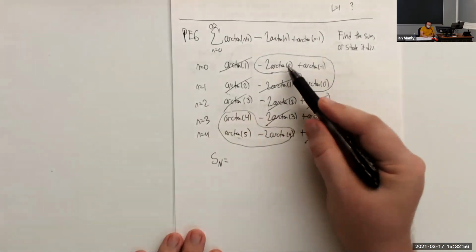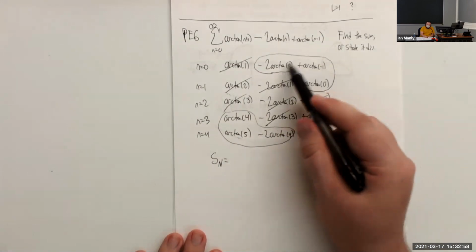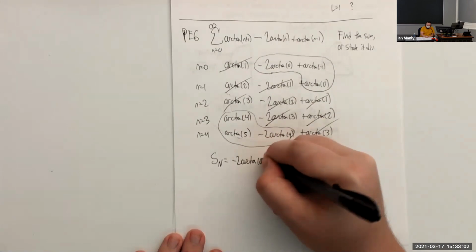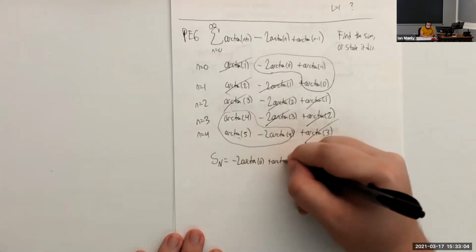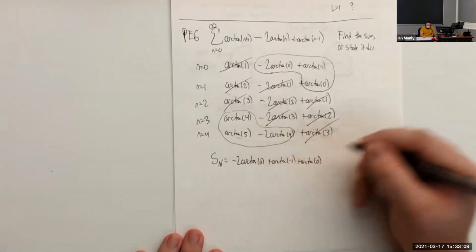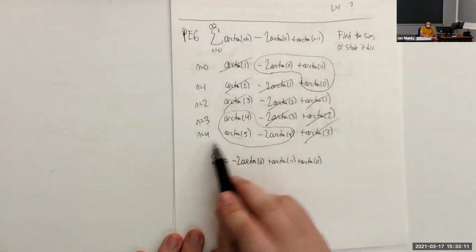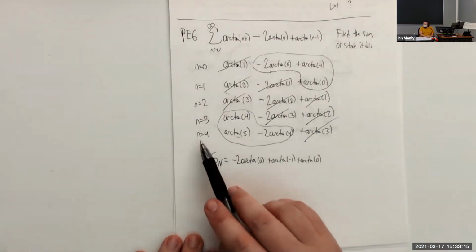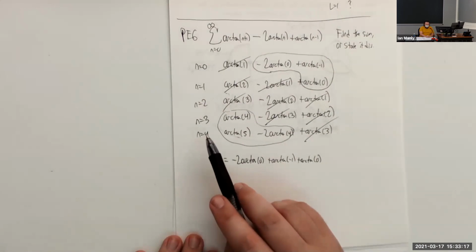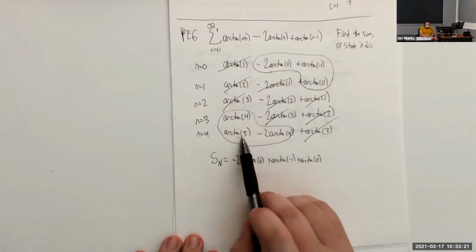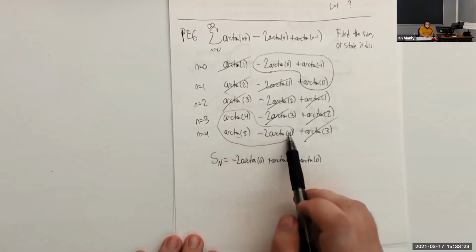All right, so with that in mind, let's write down our formula for our partial sum. Our formula for our partial sum will definitely have these three up here: negative 1 and an arctan of 0, and we'll simplify that in a minute. Now, let's try to figure out the pattern with the remaining terms. When we decided to stop at n equals 4, we had an arctan of 4, an arctan of 5, and minus 2 arctan of 4.